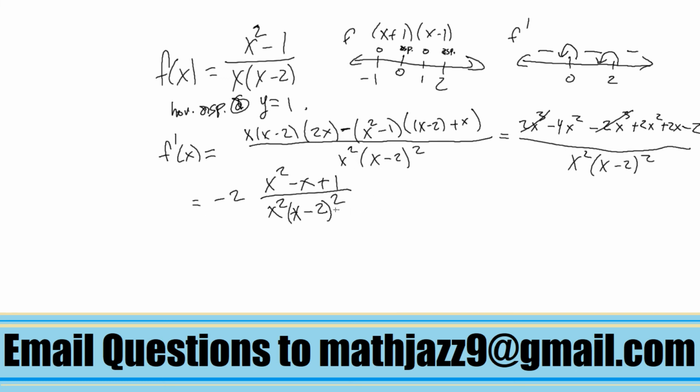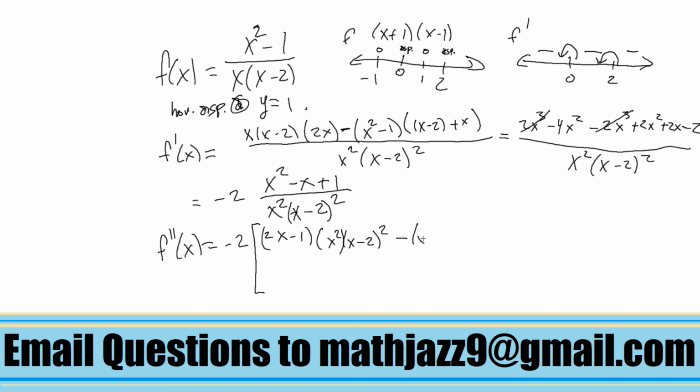Now we need to take the second derivative. And let's do this using the quotient rule. We have f double prime of x equals negative 2 times the derivative of the top, 2x minus 1, times the bottom, which is x squared, x minus 2 squared, minus the numerator times the derivative of the denominator.